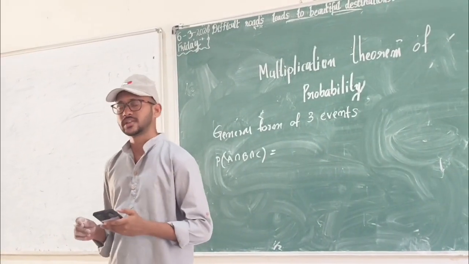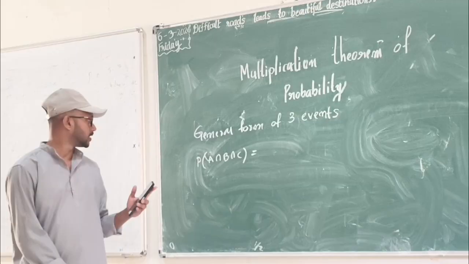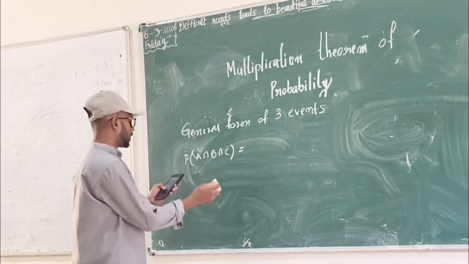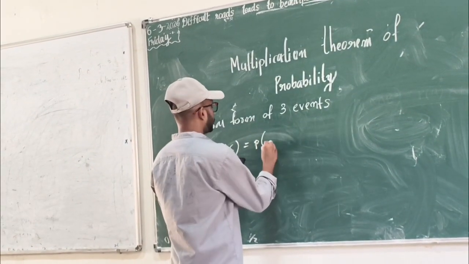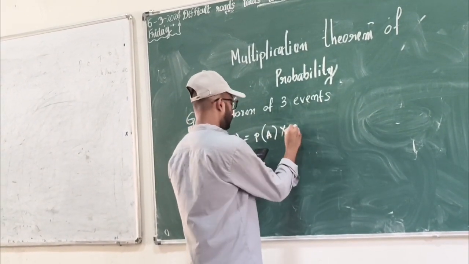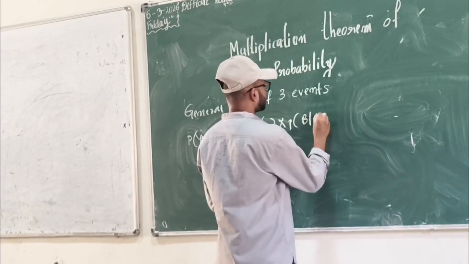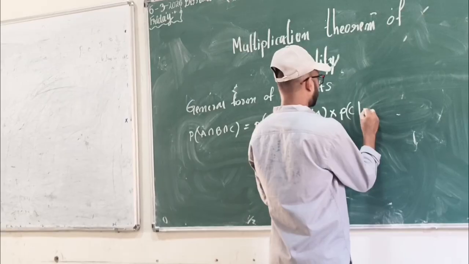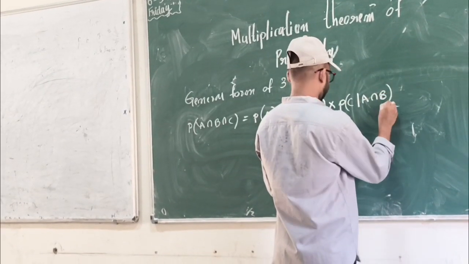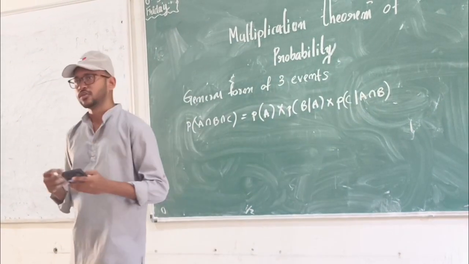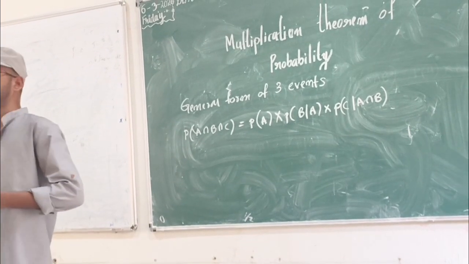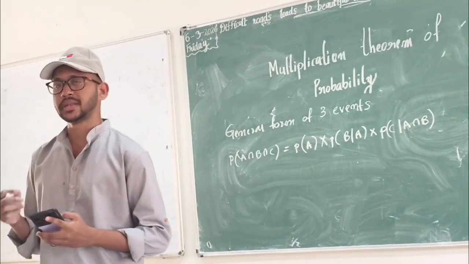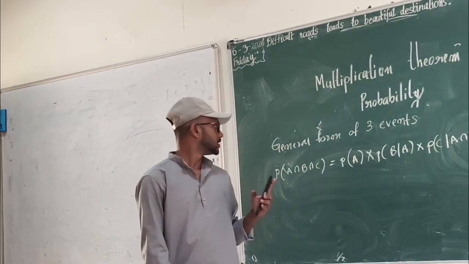Now let us see the general form for three events. If we take three events A, B and C, we can write probability of A into probability of B given A into probability of C given A intersection B. Now we know the equation for finding the probability for dependent events.